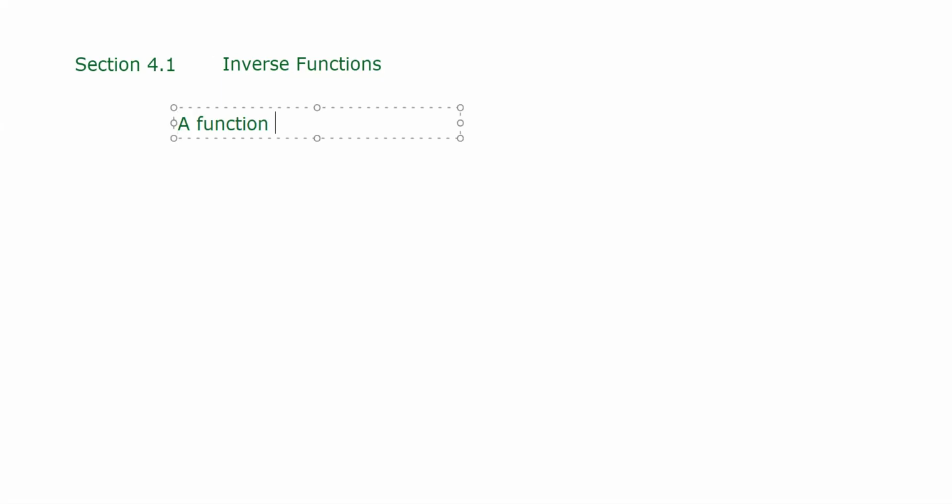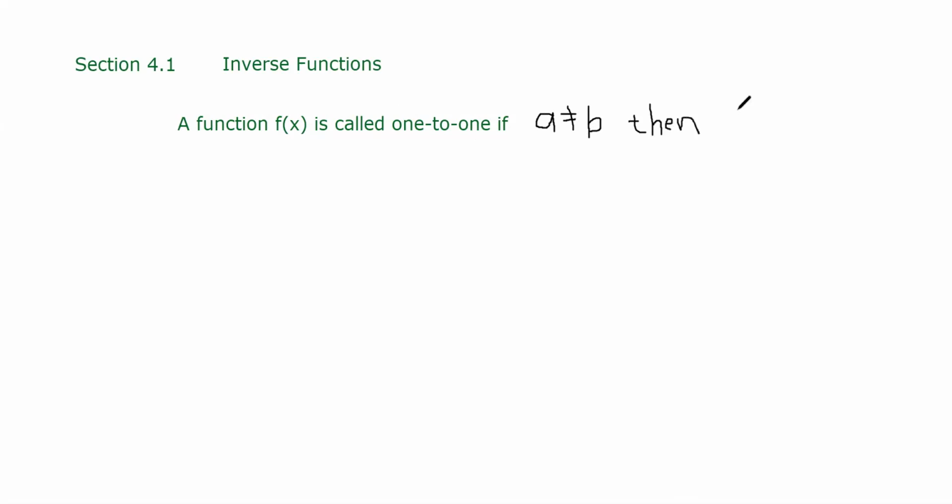A function f of x is called one-to-one if whenever a is not equal to b, then f of a is not equal to f of b.